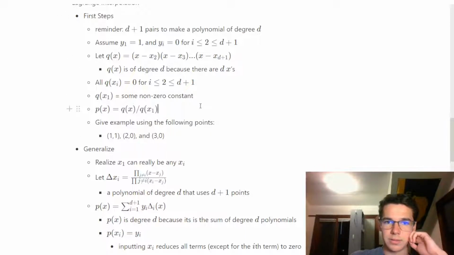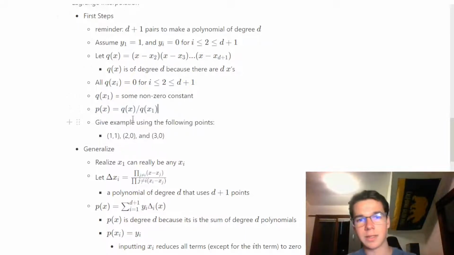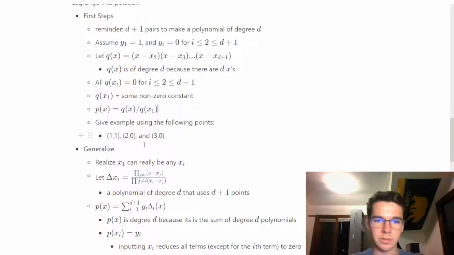So yeah, that essentially means that the x minus 2 times x minus 3 polynomial gets divided by 2. And that becomes p of x. And you can determine that that polynomial actually travels through all of these points, (1, 1), (2, 0), and (3, 0).